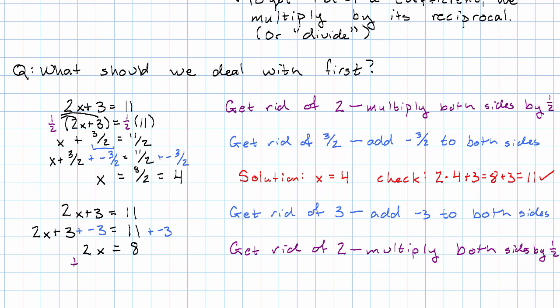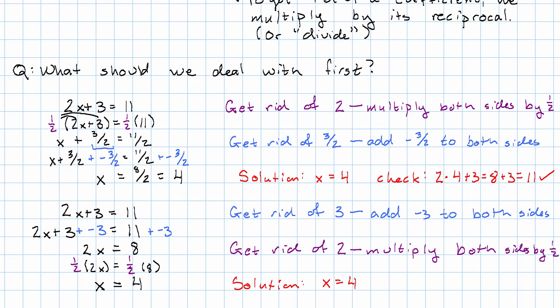So I'll have 1/2 times 2x equals 1/2 times 8. 1/2 times 2 is just 1, so I just have x. 1/2 times 8 is 4. So again, I get the solution x equals 4.